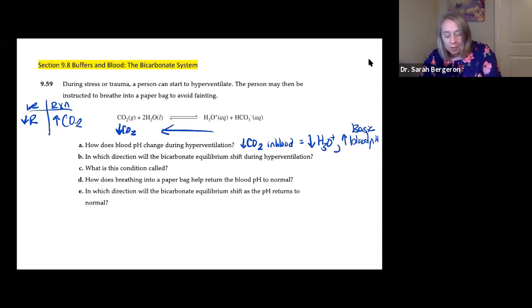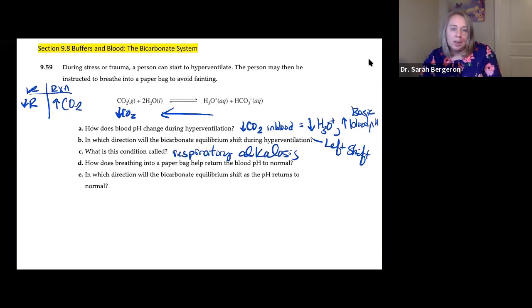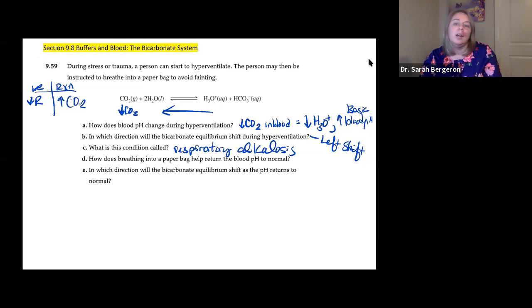So you're going to have a left shift. So here is a left shift. Okay. So what do we call this condition? We call this respiratory alkalosis.